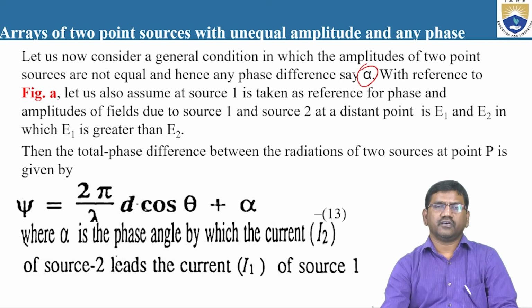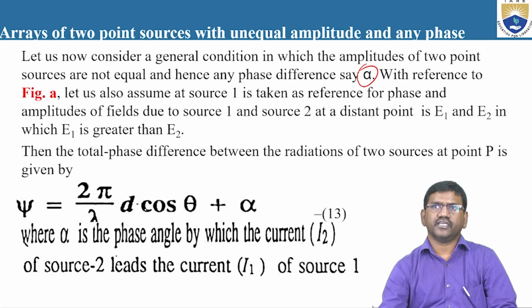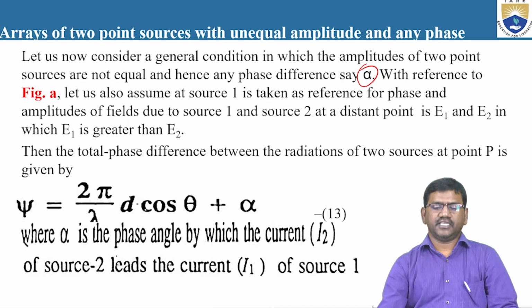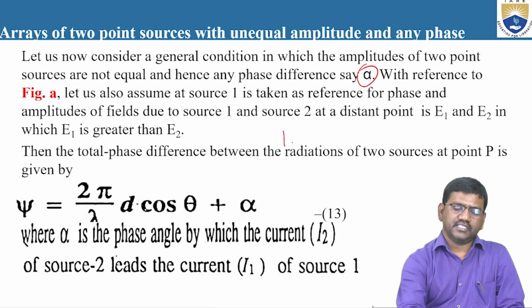Now with reference to the figure already shown, let us assume that source 1 is taken as reference for phase, and the amplitudes of fields due to source 1 and source 2 at a distant point are E1 and E2, where E1 is greater than E2.